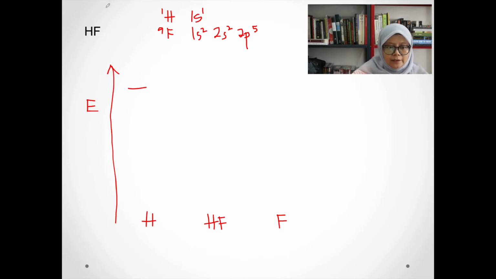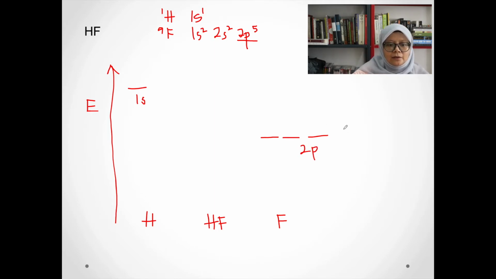Fluorine is more electronegative, so it will have lower energy. You need to show the 2p5 here. So this is the 1s and this is the 2p.